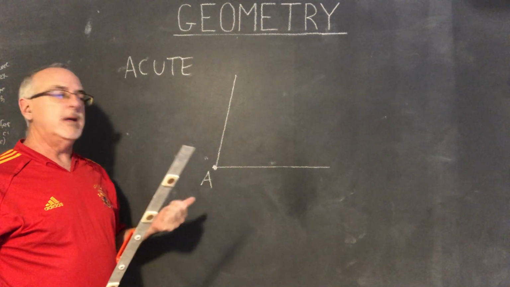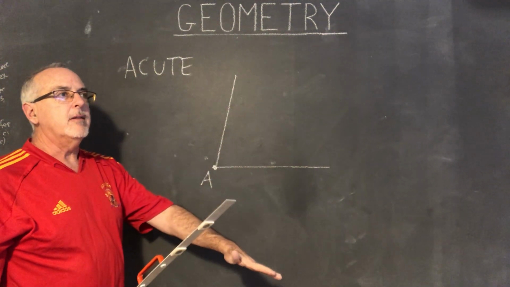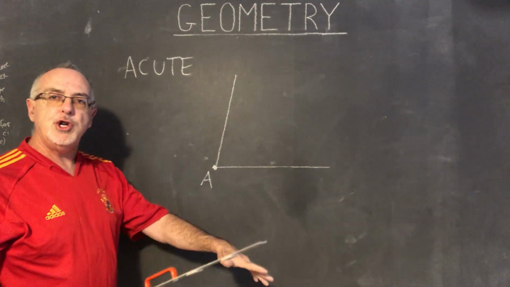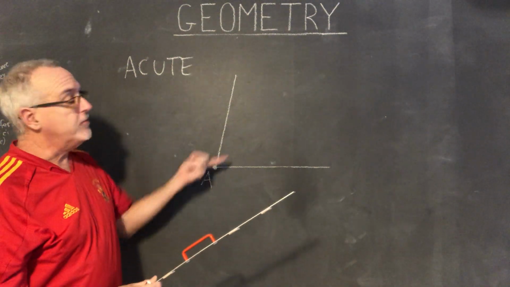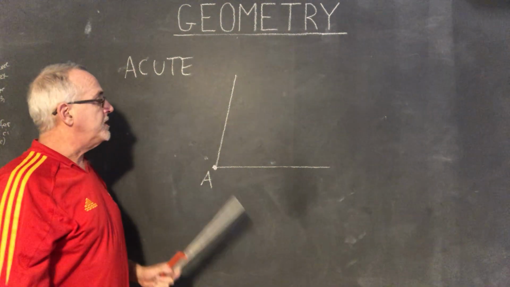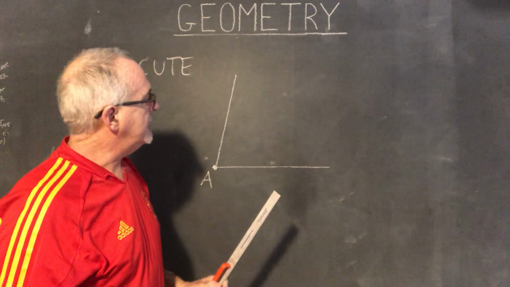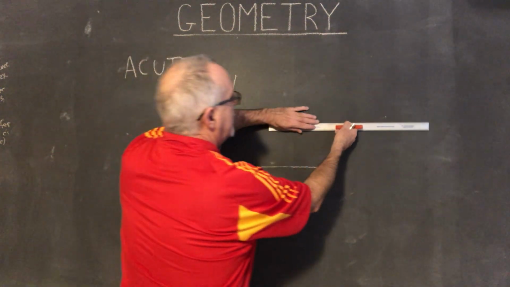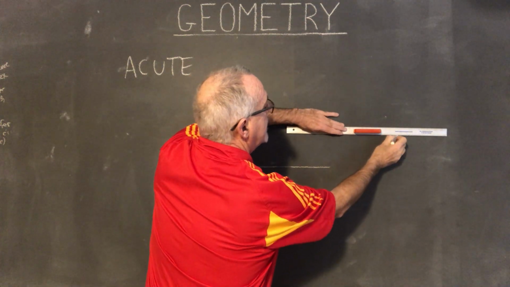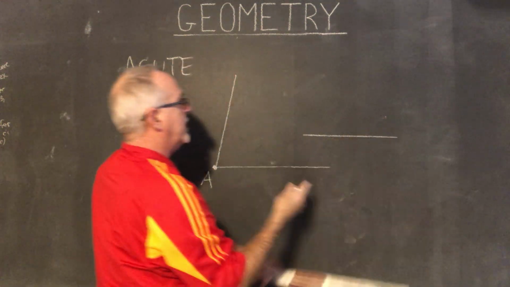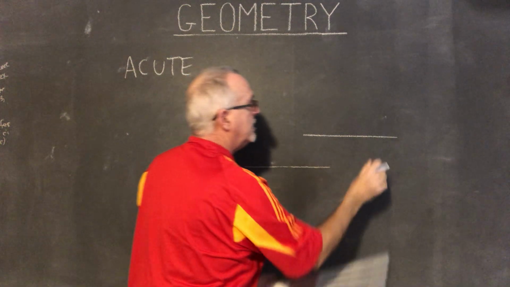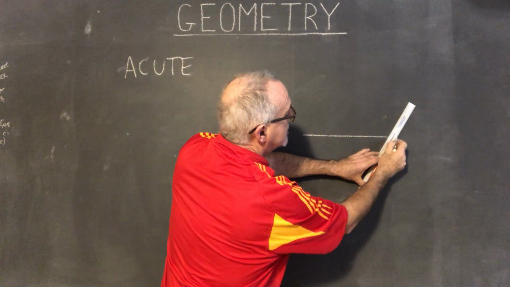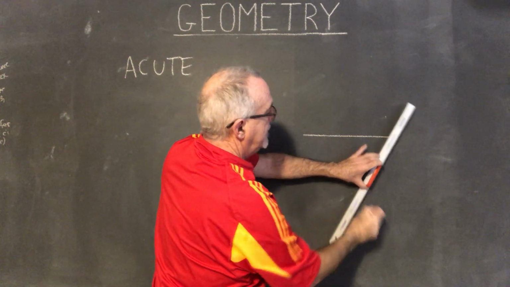But of course, we don't want to just be doing things by eye. We also want to be able to draw an angle of exactly the size we wish, and be able to label it, and be able to read an angle and know its measure. So let's draw some more acute angles. So there's one. And of course, here's another thing about angles, is that I can draw an angle so that it opens up like this, but I can also draw an angle so that it opens downwards.